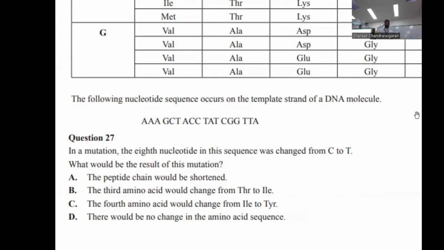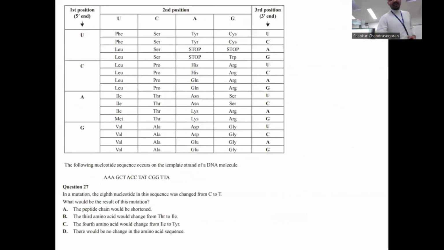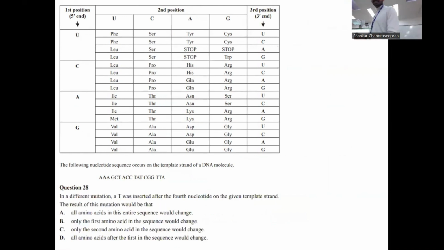So the answer is A, because a nonsense mutation will stop the translation in its tracks. And when translation is stopped at a point where it's not supposed to, the peptide chain that is coming out of it is going to be suddenly shortened more than it's supposed to be, right? So that's why the answer is A.